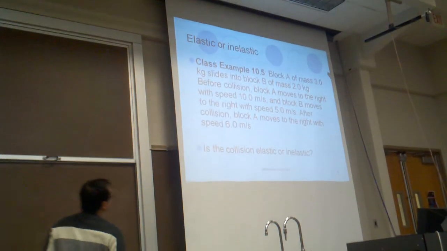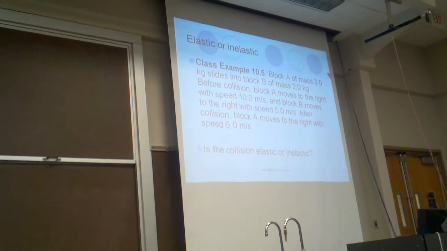We have two blocks, A with mass 3 kilograms and B with mass 2 kilograms.